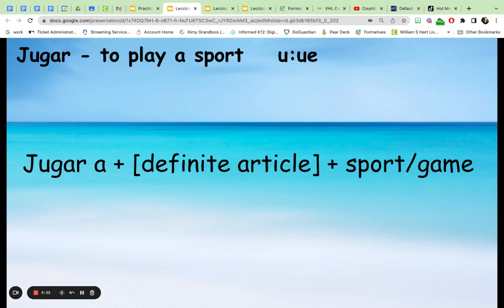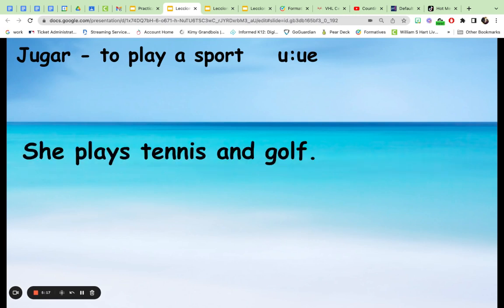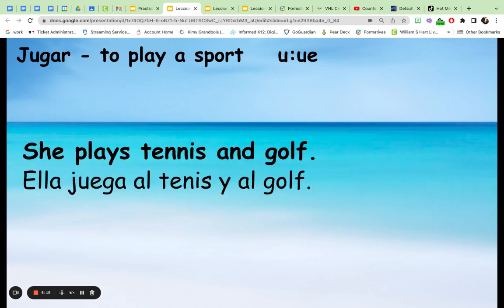If you were going to say to play a sport or a game, you would say jugar in the conjugated form, a, then the definite article, so el, la, los, or las, and then the sport or game. She plays tennis and golf. Ella juega al tenis y al golf.